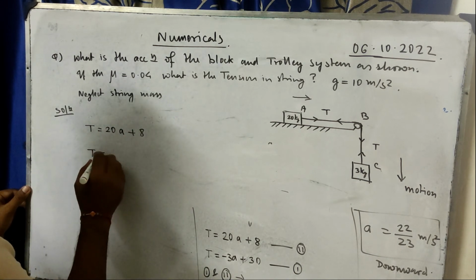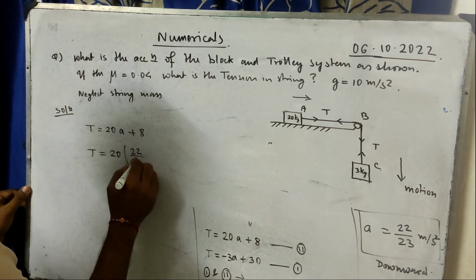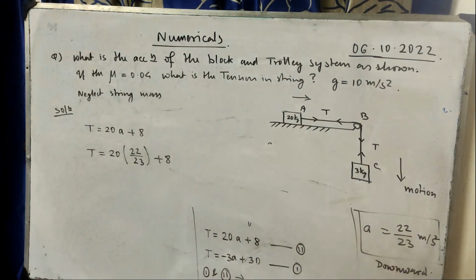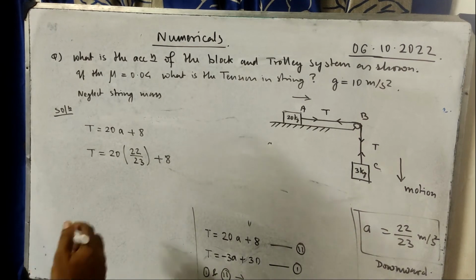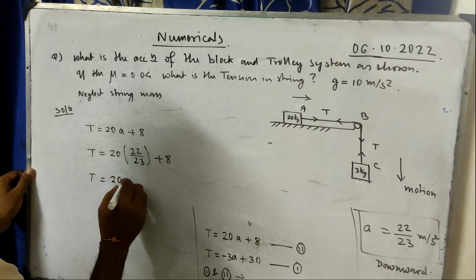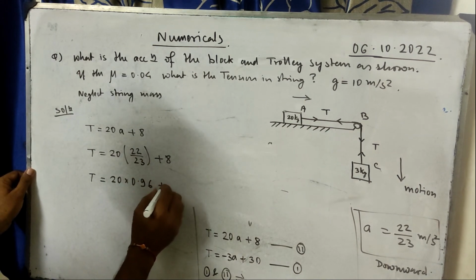So T is equal to 20 into A, which is 22 by 23, plus 8. Now you solve it. How much is this 22 by 23? It is 0.96, 0.96 plus 8.